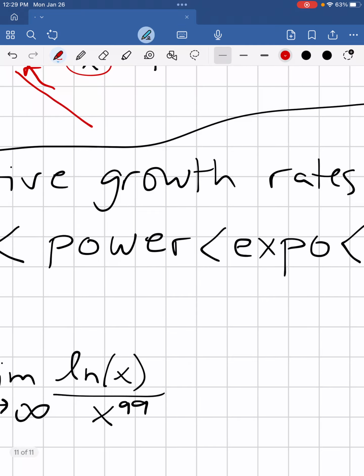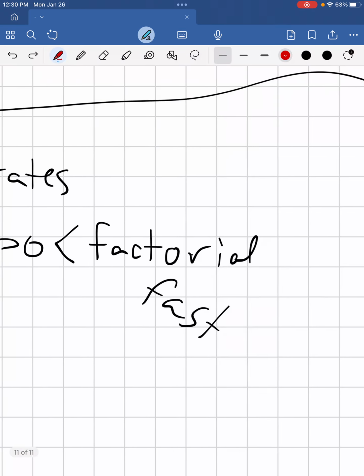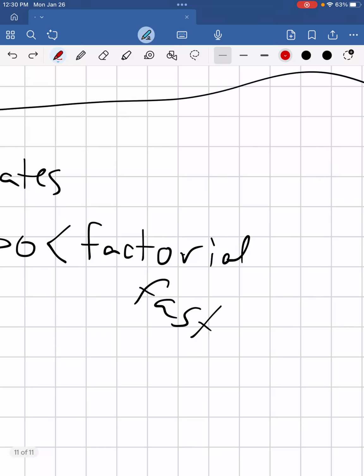And then the last one we have is what's called a factorial. And it's definitely something that you're going to need to know for Cal 2 when you talk about series, right? Or even if you take stats and you learn about combinatorics, right?